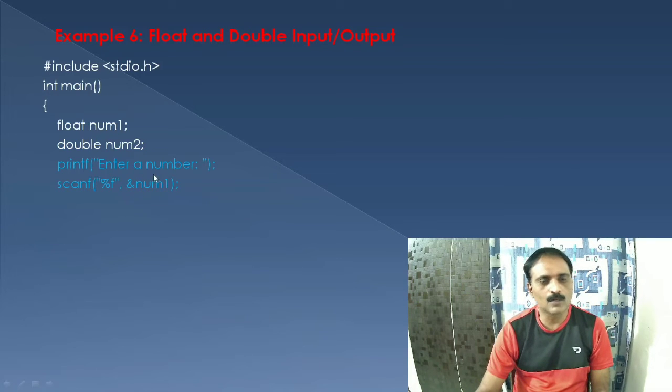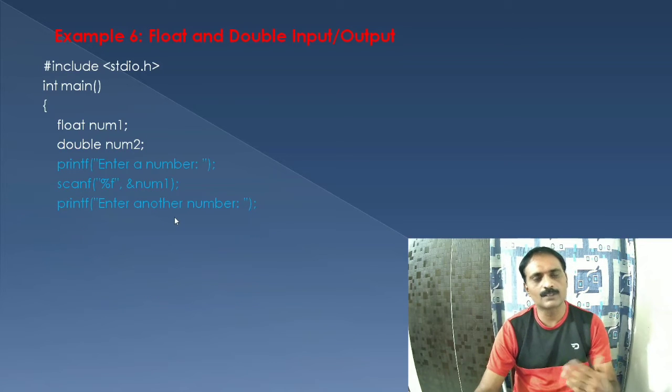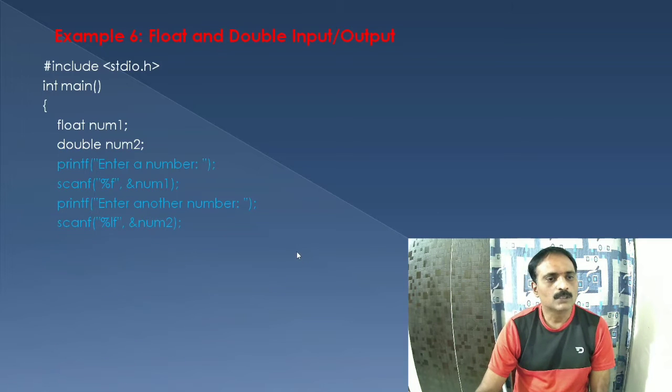This is how we are going to represent these inputs. Then printf enter another number. We are asking to enter the second number, and scanf %lf. We know that %lf is the format specifier for double, and num2.